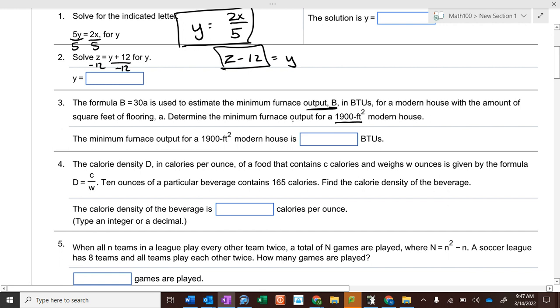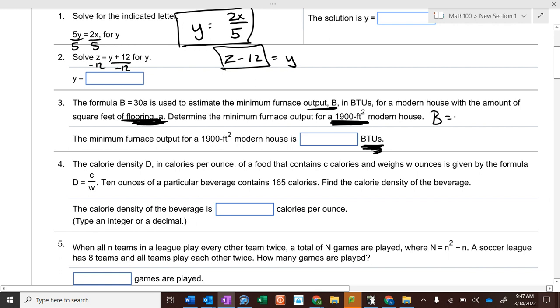The output is B. The amount of square foot of flooring is A. What would 1900 square feet be? The B, the output of the furnace, or the A, the square feet of flooring? A, the square feet of flooring. You're looking for the BTUs. You're trying to find the BTUs, and you're given the square feet. That would be the square feet of flooring.